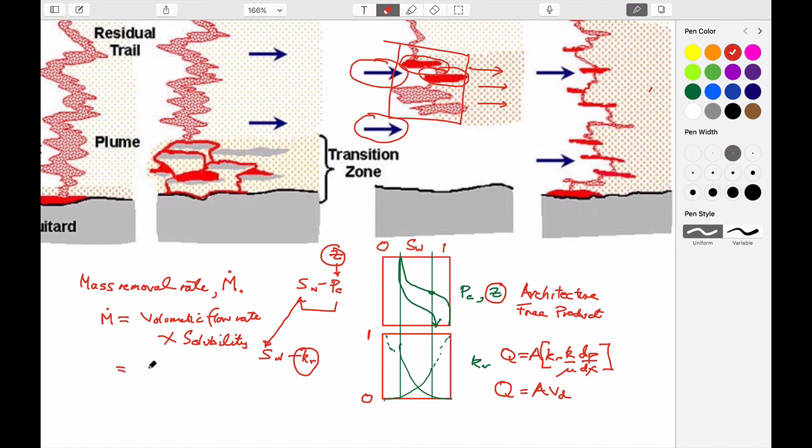In other words, a rate, meters cubed per second, multiplied by kilograms per meter cubed.